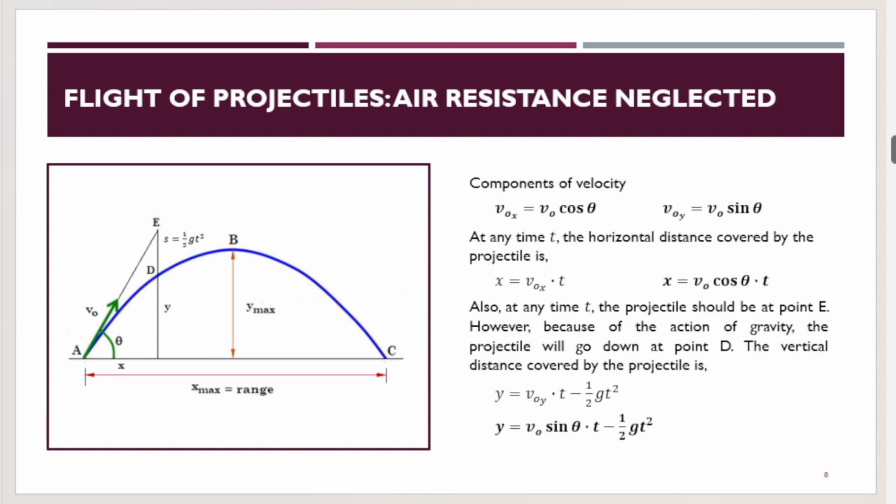Why is that? When we throw something at a certain angle, we expect that, without the action of gravity, it would go straight to point E. But because of the action of gravity, it ends up at point D. It goes down. That is the y distance.